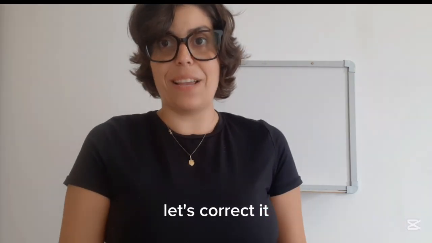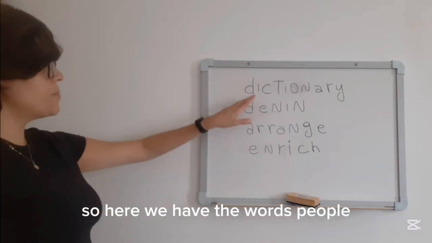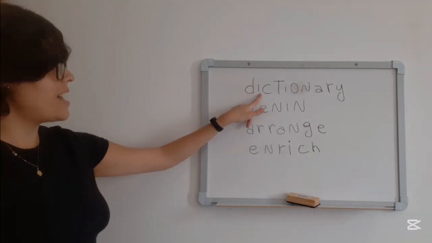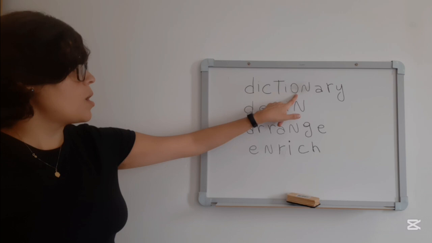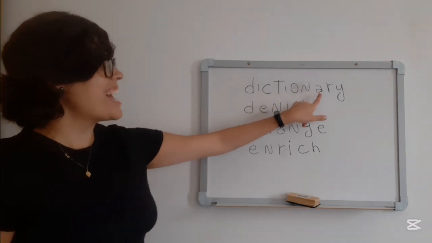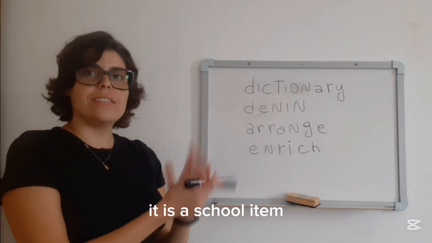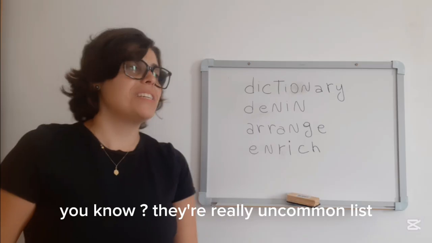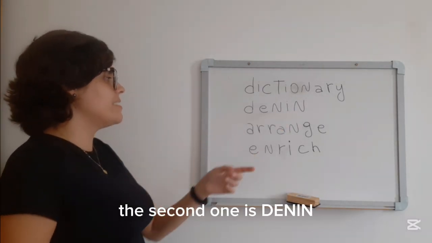Alright, people? Let's correct it. So, here we have the words, people. The first one is dictionary. D-I-C-T-I-O-N-A-R-Y. It is a school item that we don't see anymore, you know. They're really uncommon at least. The second one is Denim.